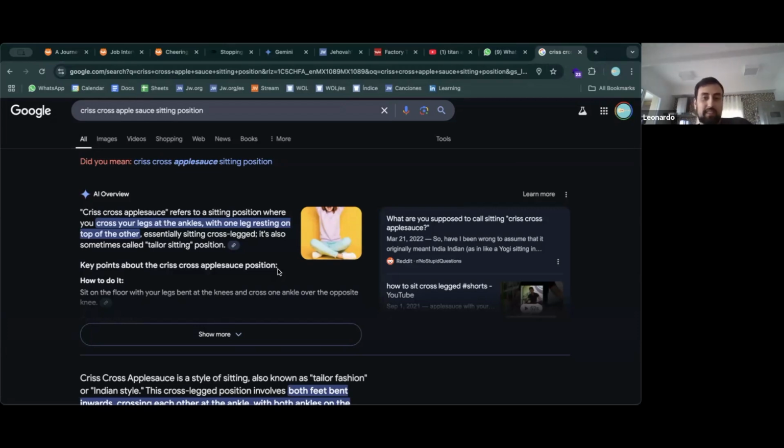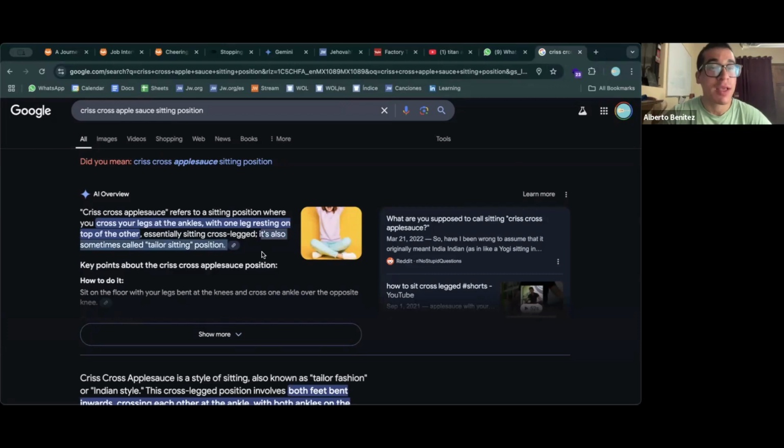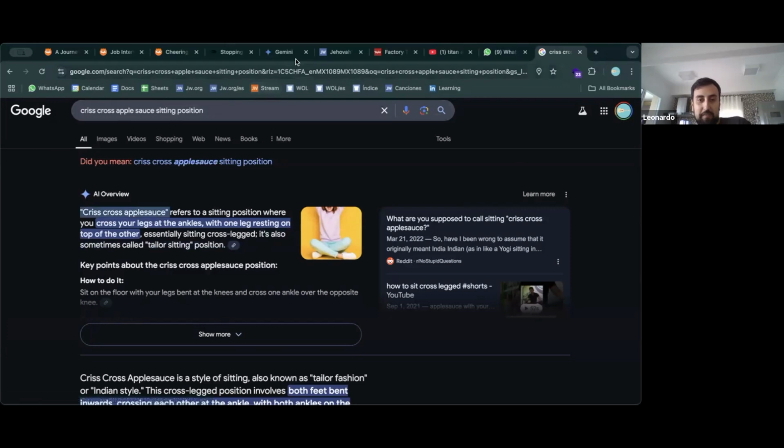Interesting. Okay, she's sitting in the crisscross applesauce position. Yeah, and according to this, it's also sometimes called tailor sitting. But honestly, if you want something everyone will understand, I think you just say crisscross applesauce. Okay. Very good.